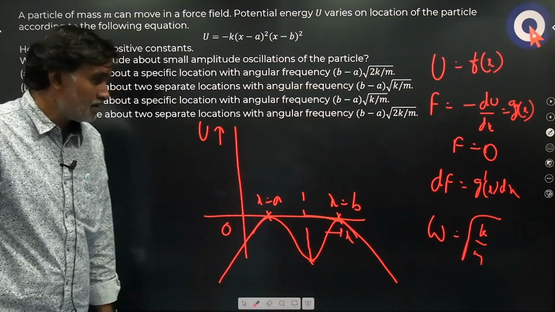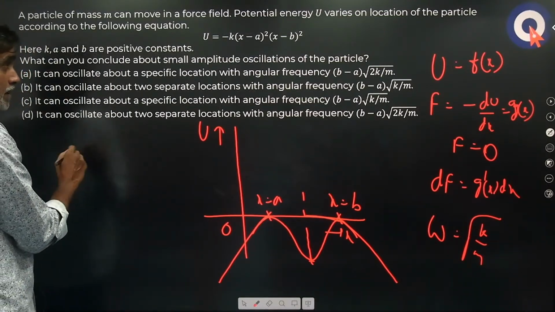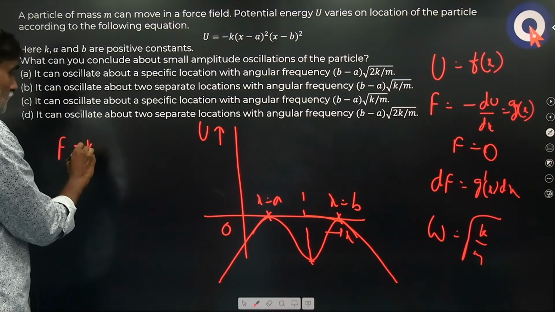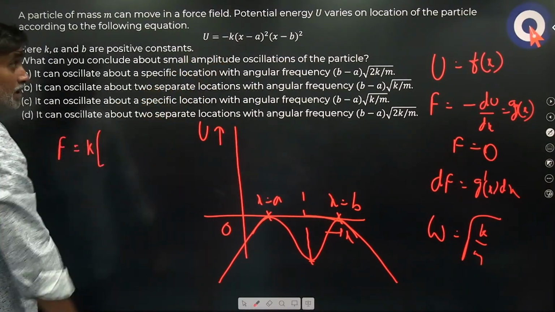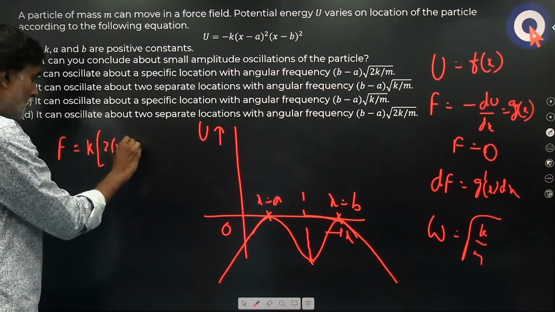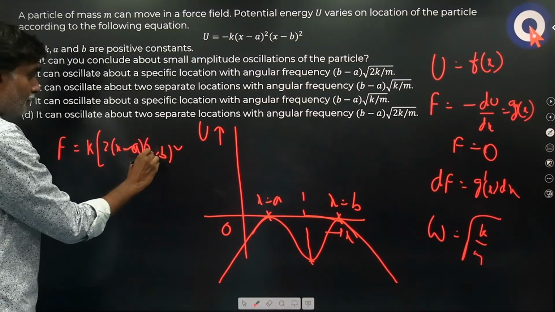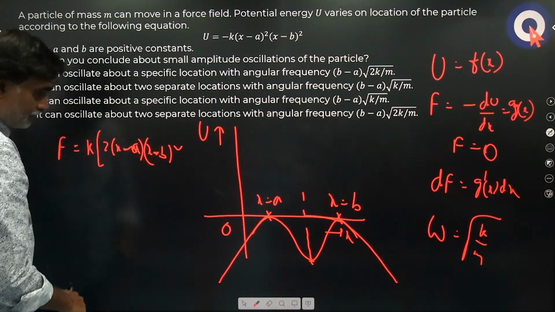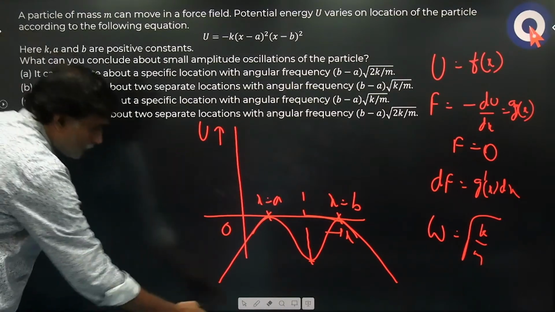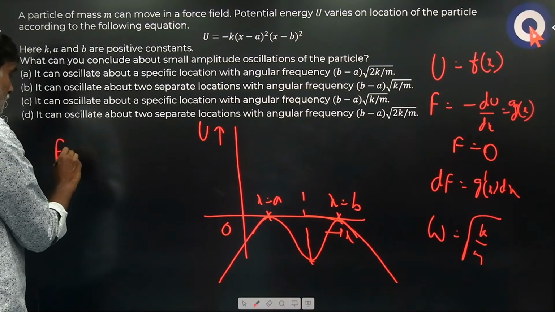You can always find. What is the third point where force is 0? You can find. What is force? Minus du by dx. So what is force? K into, if I differentiate first term, we will get 2 into x minus a into x minus b whole square, and second term, if I differentiate with a minus sign, what do you get?